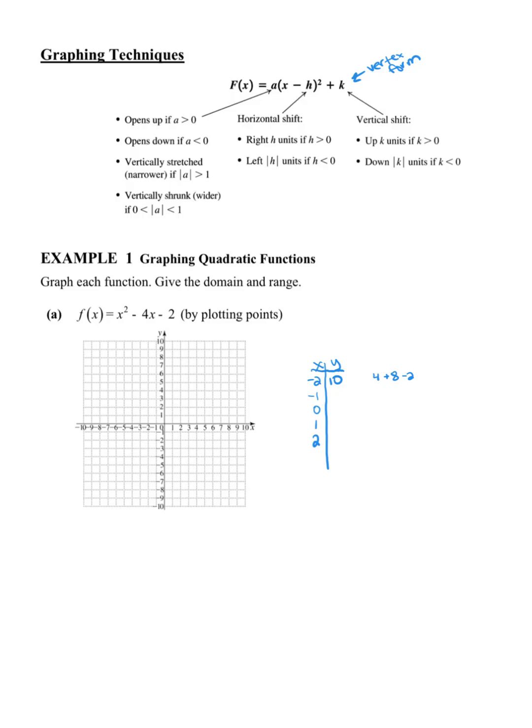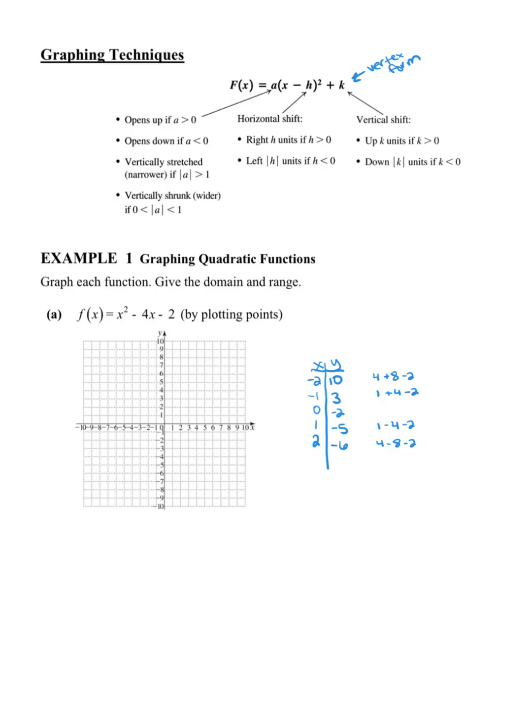And then if I plug in a -1, -1 squared is 1, -4 times -1 is plus 4, minus 2, that would be 3. 0 would be -2. 1 squared is 1, minus 4 times 1 is 4, minus 2, that would be -3 minus 2 is -5. 2 squared is 4, minus 4 times 2 is 8, minus 2, so that would be -4, -5, -6.